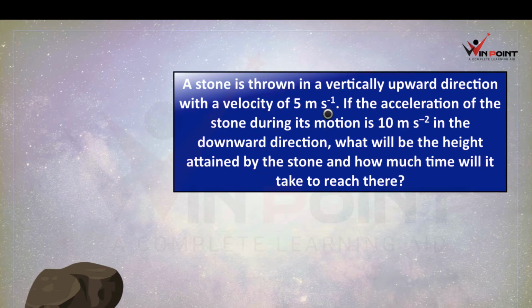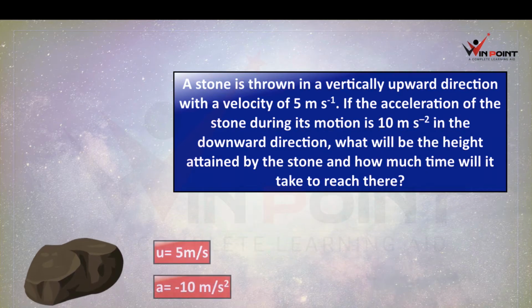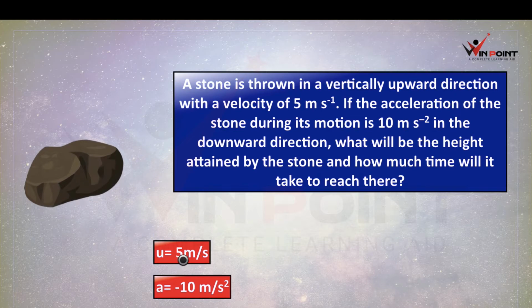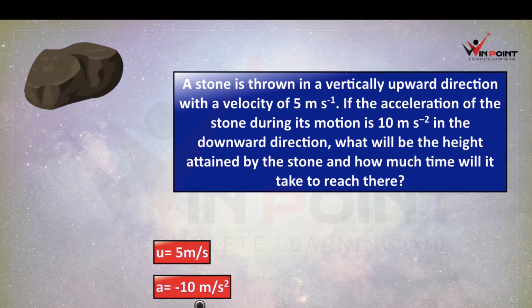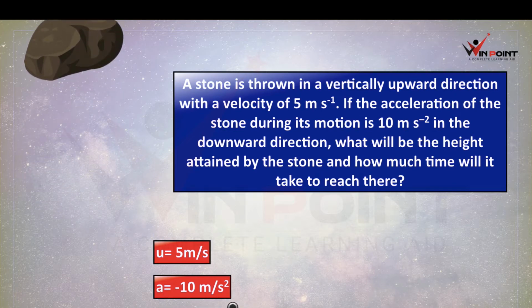A stone is thrown in a vertically upward direction with a velocity of 5 meter per second. If the acceleration of the stone during this motion is 10 meter per second square in the downward direction, what will be the height attained by the stone and how much time will it take to reach there? There is a stone. The initial velocity is 5 meter per second and acceleration is minus 10 meter per second square.